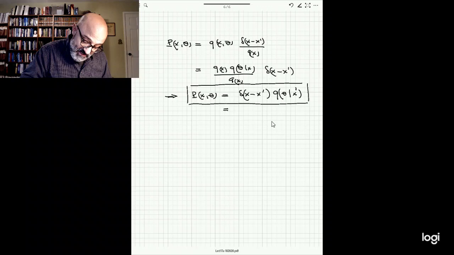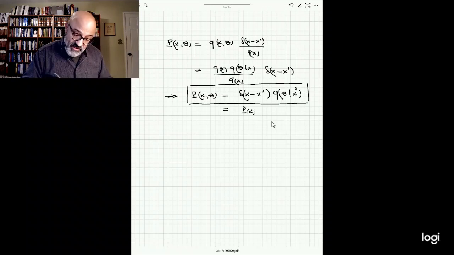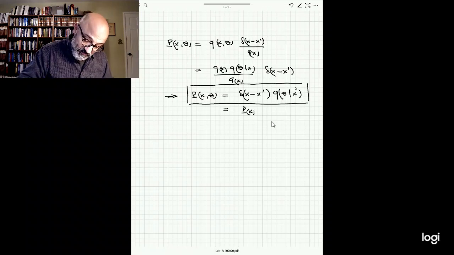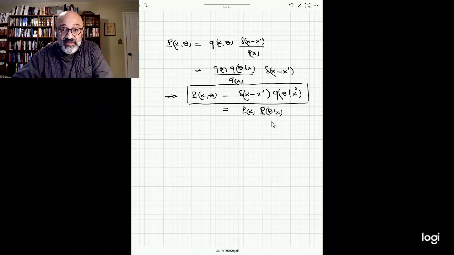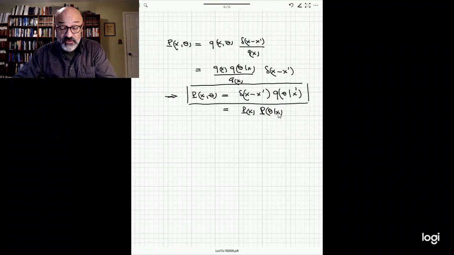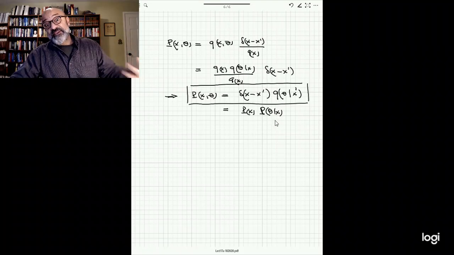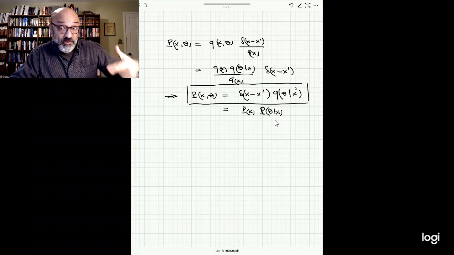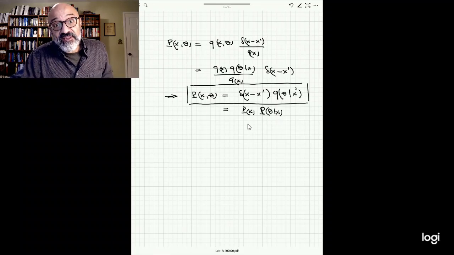And if you write this as the new, just using the product rule, the probability of x is the delta, and the probability of theta given x is the old value. So it did not get updated. What we see here is that indeed the method of maximum entropy implements minimal updating, which is how we had derived the Bayes rule in the beginning.